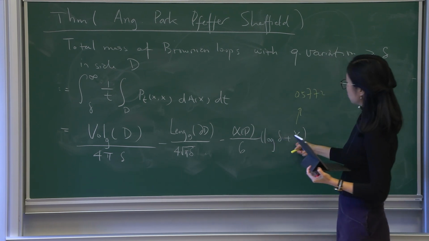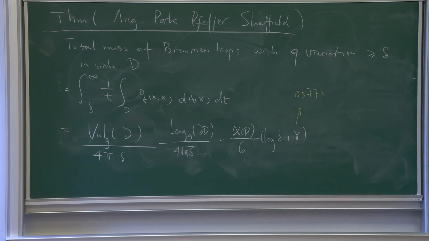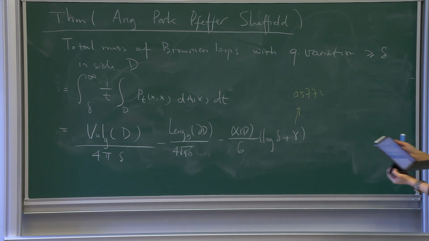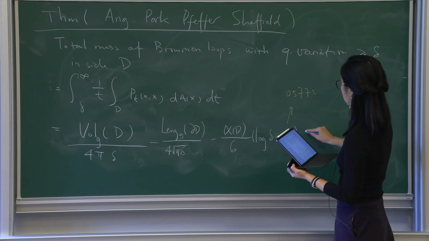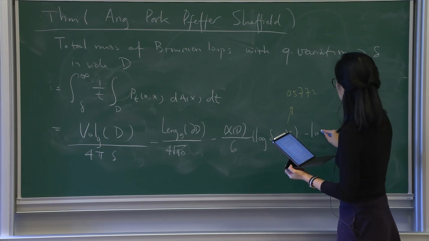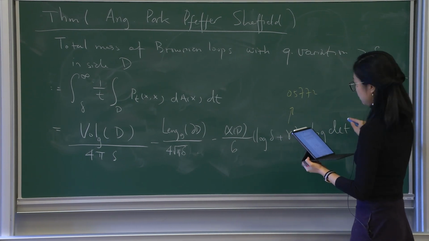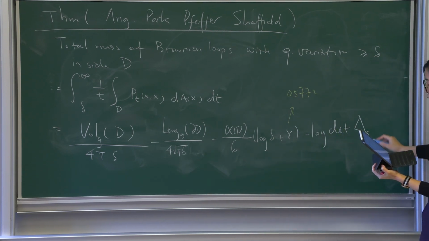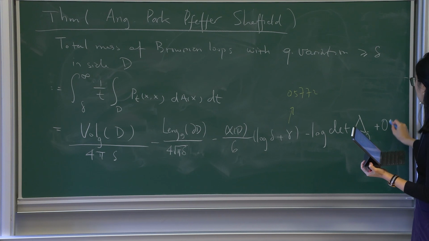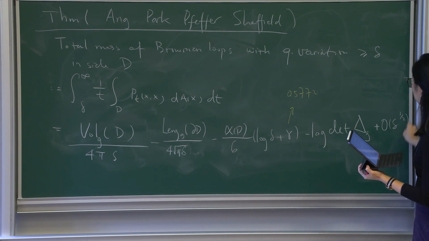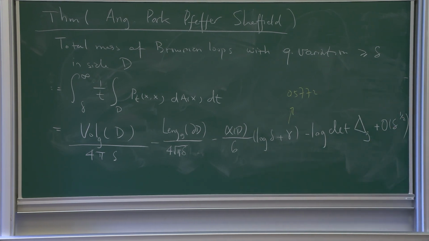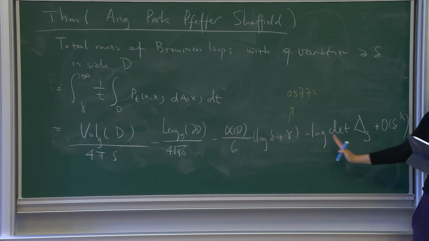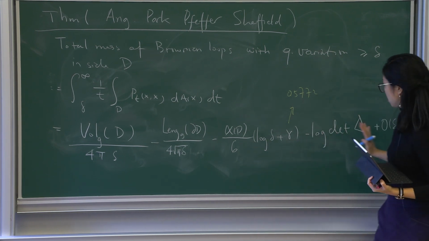This is a term which would appear in some derivative of the gamma function. And the next term is minus log of the determinant of the Laplacian. And the remainder is something which is going to 0. So the constant order or larger than constant order terms are all here.